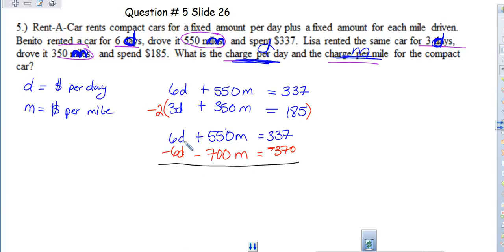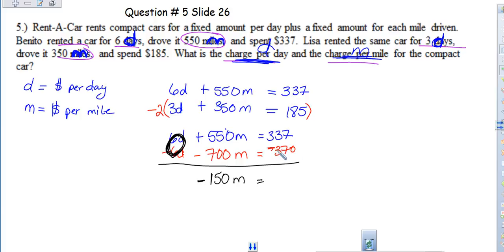6d's minus 6d's is 0d's. Okay? And then we'll have 550 minus 700. That's going to give us a negative, and then it's going to give us 150m. It's going to equal... Okay.